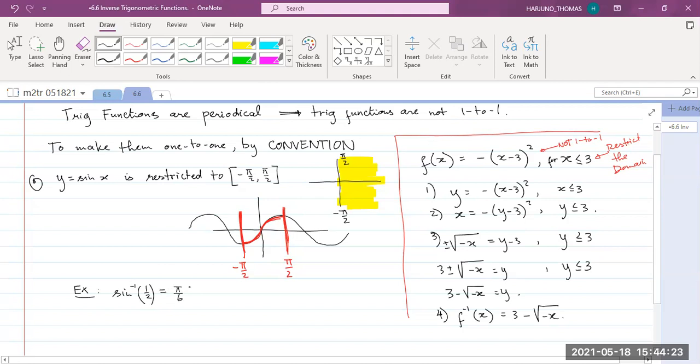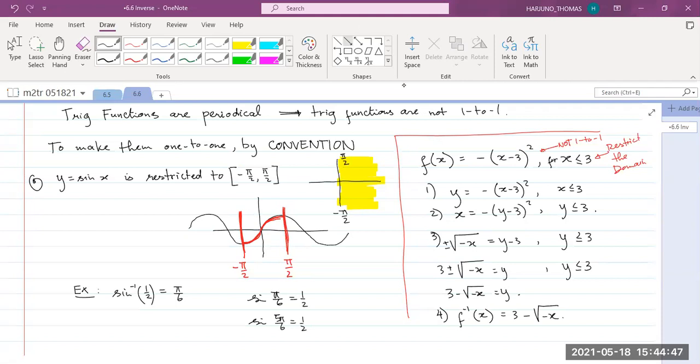There are actually two angles that give you 1/2. Sine pi over 6 equals 1/2. Sine 5 pi over 6 also gives you 1/2. But the problem is, only pi over 6 is in that window.